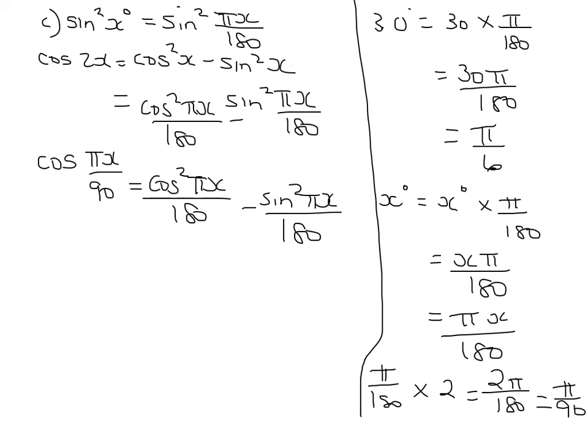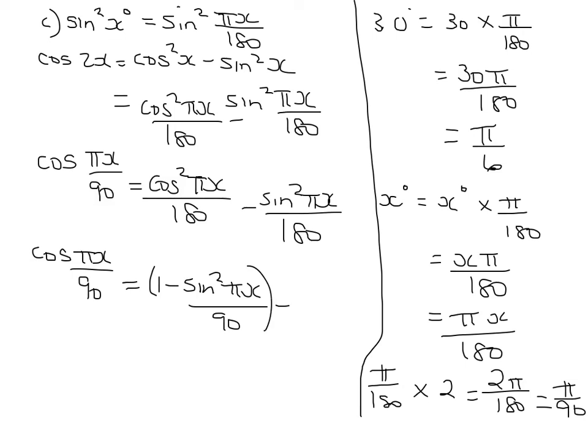Okay, now go back to the original. We're integrating the sine squared, so we need to keep that sine squared and replace the other one. So it's cos pi x on 90 equals 1 minus sine squared pi x on 180 minus sine squared pi x on 180. Sorry, 180. These should be becoming familiar now.